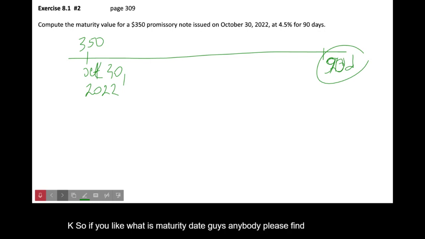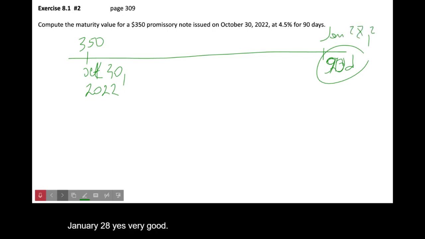Anybody please find it for me. January 28th, yes, very good.